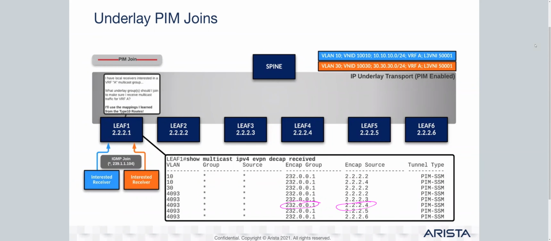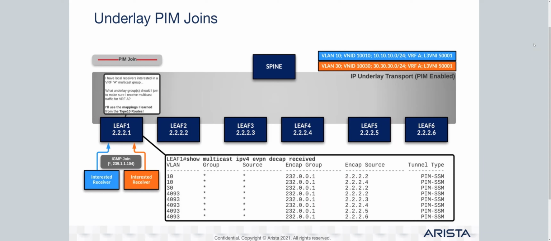All right, so let's reiterate here. Leaf 1 receives the IGMP joins, the membership reports, and says, I know I have locally attached receivers in VRF-A that want to receive multicast traffic. What underlay groups do I have to join to make sure I get overlay multicast traffic for VRF-A? It knows that the type 10 route is really the decoder ring for this.